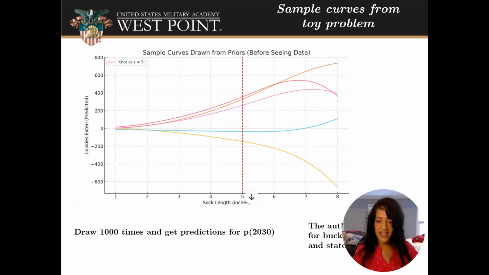Now pretend it's not the sock length one because I don't need to draw the diagram, but you'd have something similar for prevalence curves with maybe more than one inflection point. And you would do this 1,000 times and get a prediction each time for the prevalence at 2030, for example.